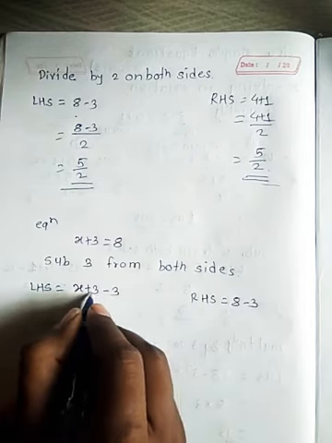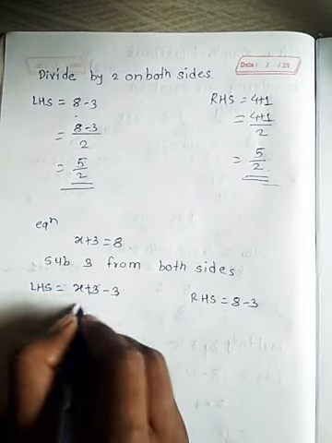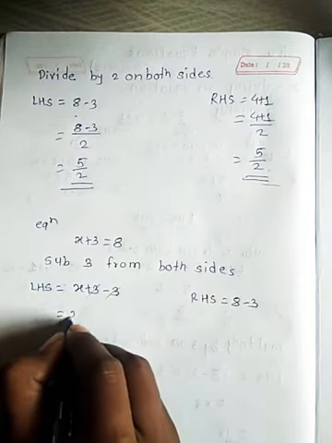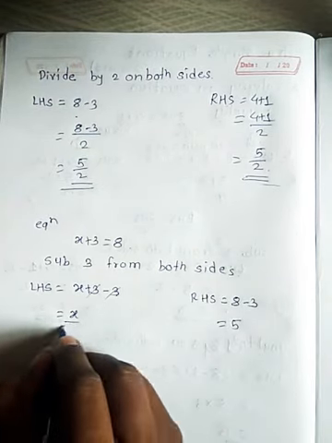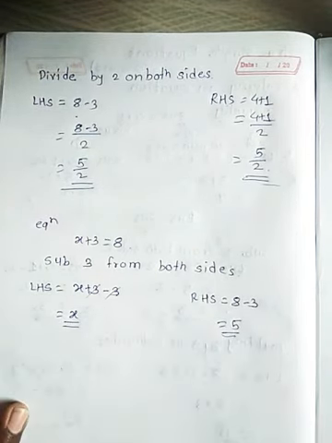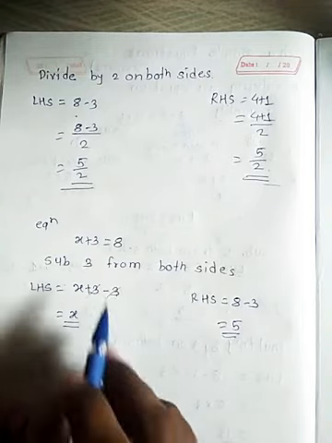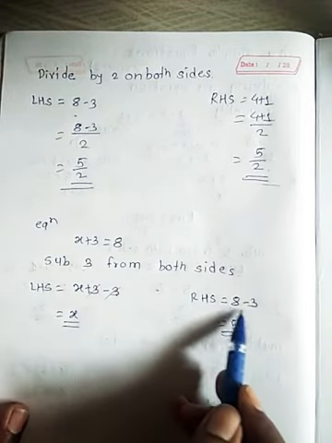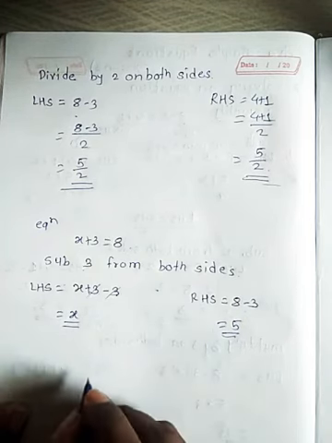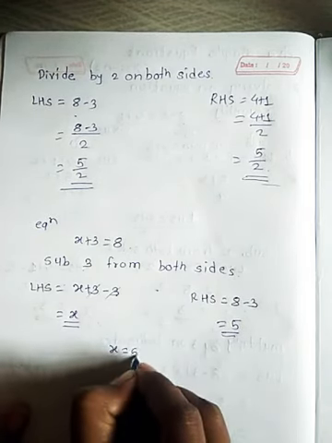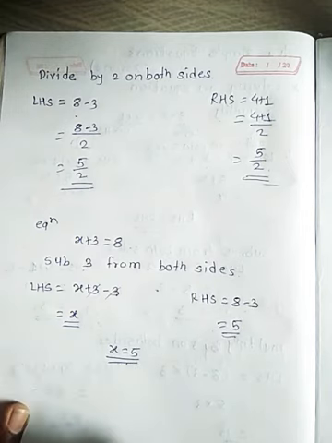Then x plus 3 minus 3 gets cancelled. Then you will get x here and here 8 minus 3, 5. When we perform the same operation with the same number on both sides, both sides don't change, so x is equal to 5. We will get the value of x.